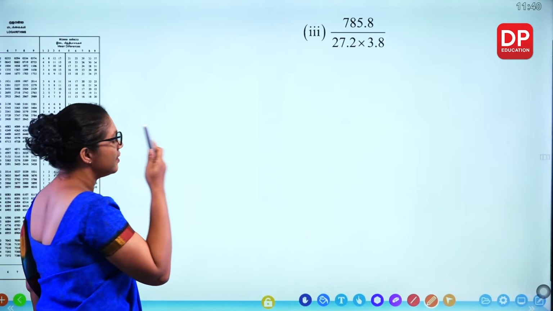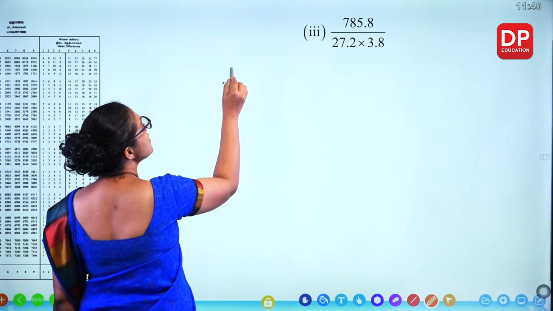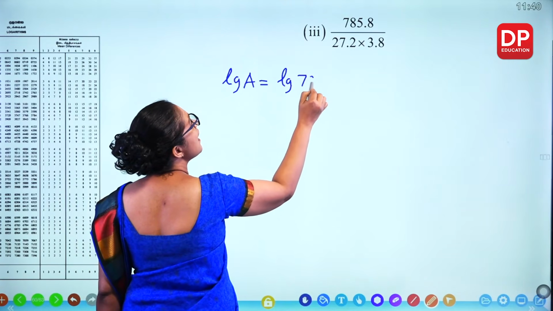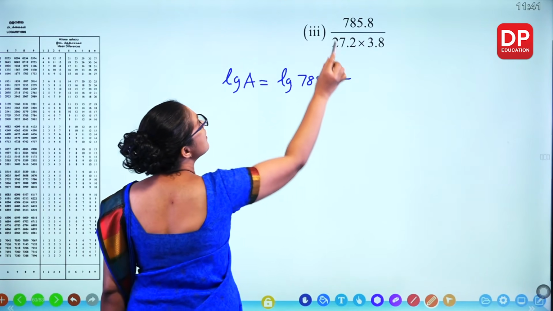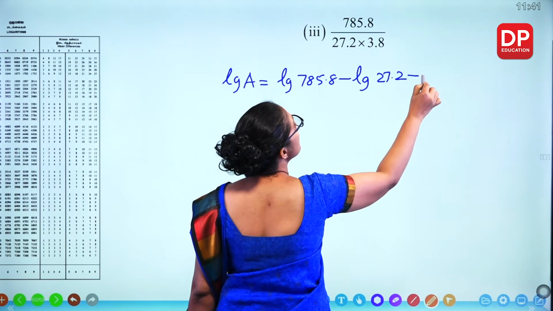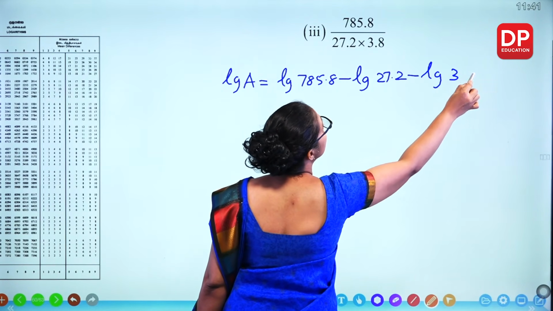This part, again, you can take logarithms to solve this problem. We can subtract the denominator values when you are using logarithms.